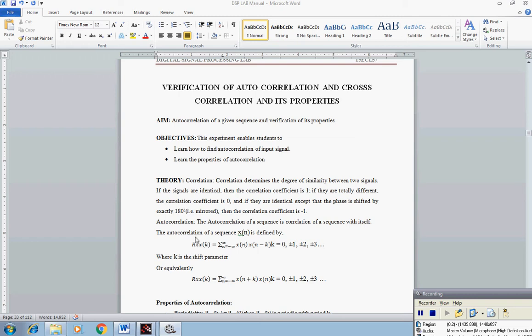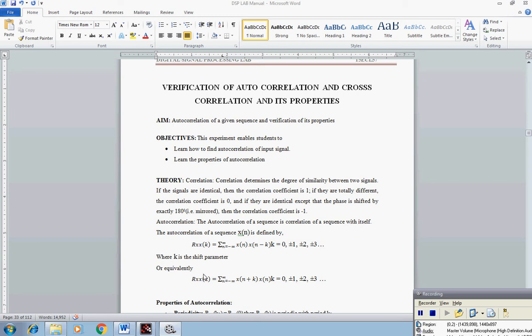For autocorrelation, rxx of k is equal to summation from n equals minus infinity to plus infinity x of n into x of n minus k, where k is called the lag, which indicates the time shift between the pairs.